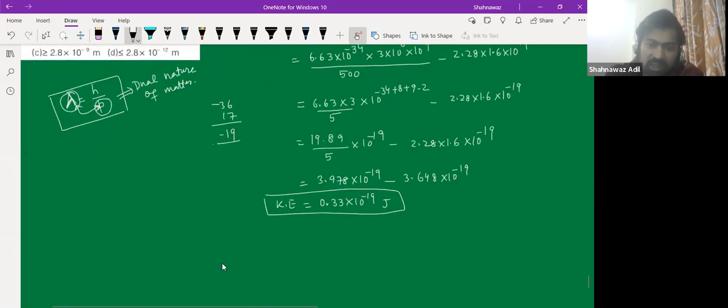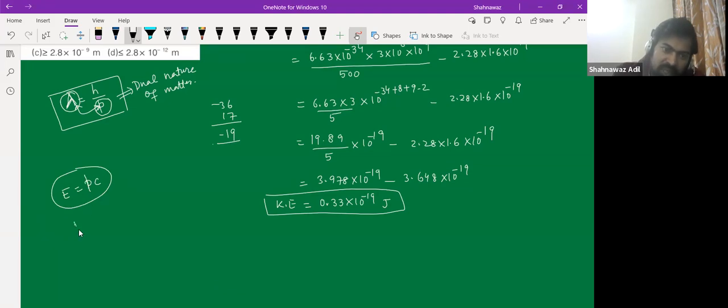Yes, E equal to pc. This is the one we have to remember.